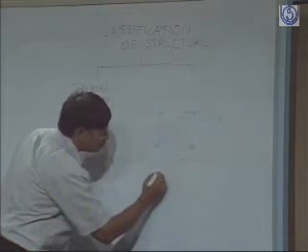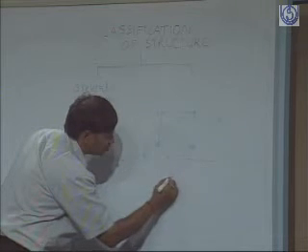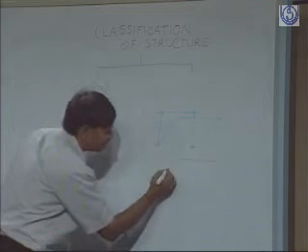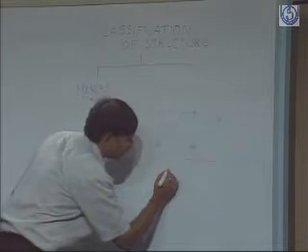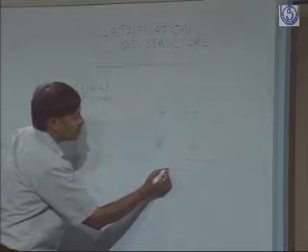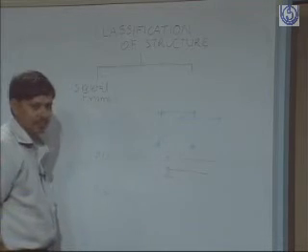Then a pin joint may also have other types of connections. Suppose this pin joint is fixed here and a beam is to be attached. Again, a small circle will come here to show that it is jointed by a pin.